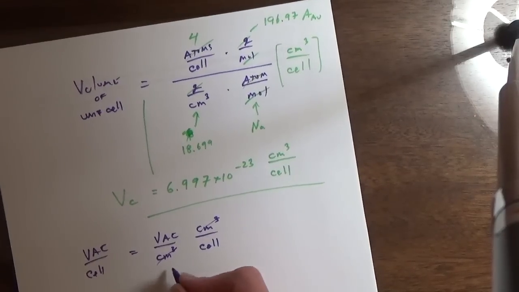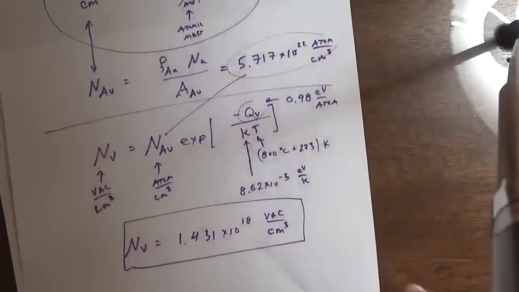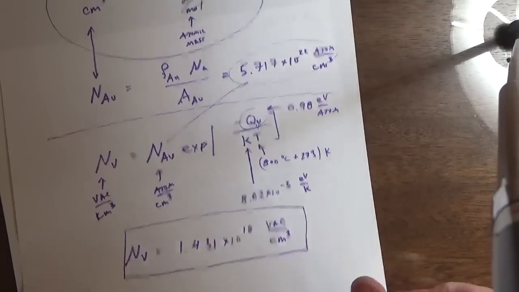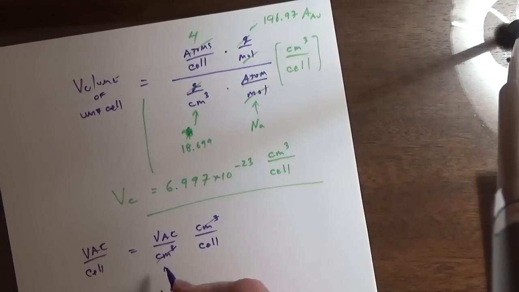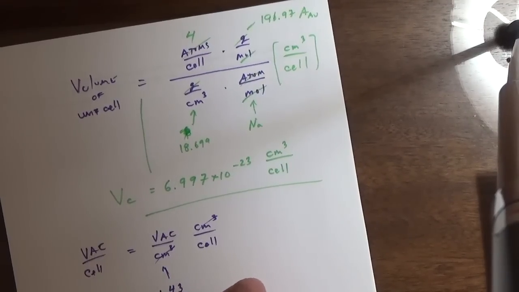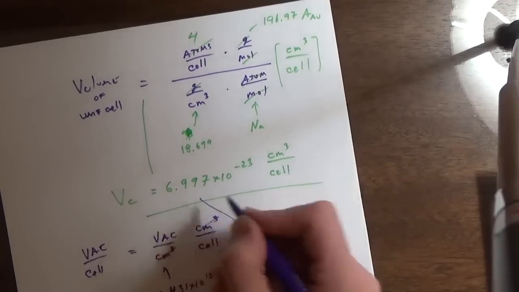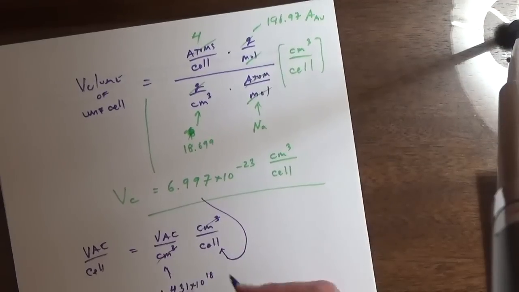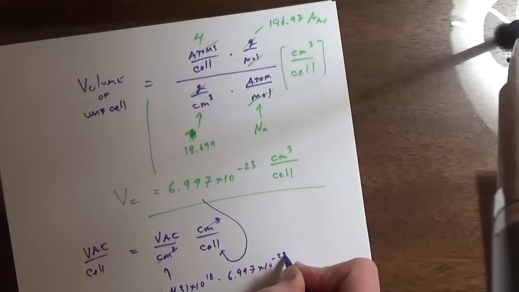And from here this is 1.431 times 10 to the 18, and this is 6.997, or 7 times 10 to the negative 23.